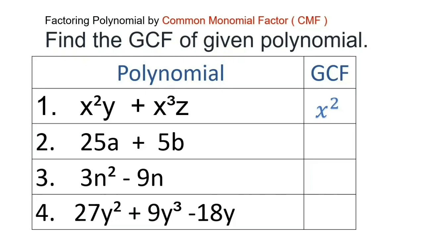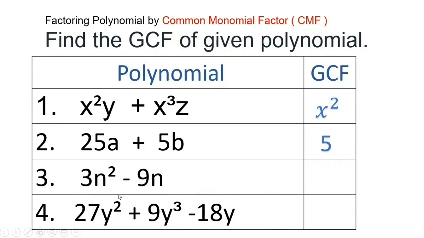Next, for number 2, 25a plus 5b. Ano yung kanyang GCF? So, for number 3, we have 3n squared minus 9n. So, ano yung GCF ng kanyang coefficient ng 3 and 9? Tama, 3. How about dun sa kanyang variables? Kung mapapansin mo, common din yung kanyang variables, para silang may letter n.